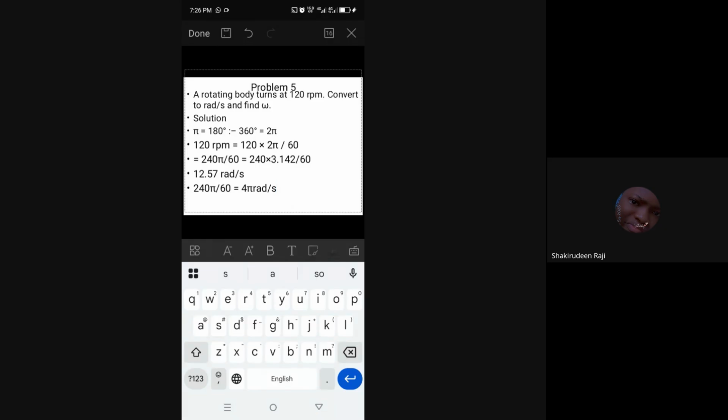So if the options you are having still contain pi, you do not change the pi to 3.142, you leave the pi like that. Many questions are usually like that. But if they use the value for the pi in the evaluation, you'll discover that there is no pi in the units in the options. Do you understand what I've just said?